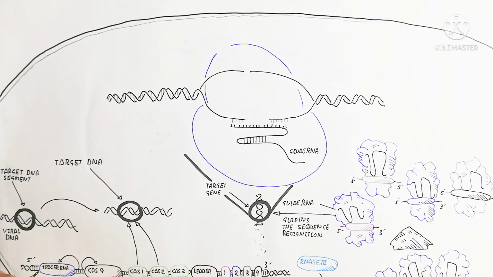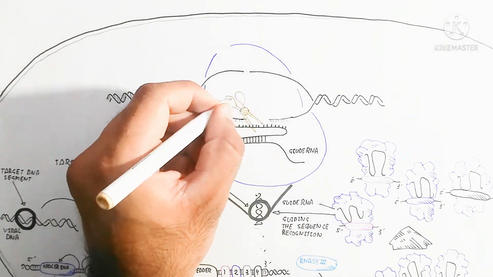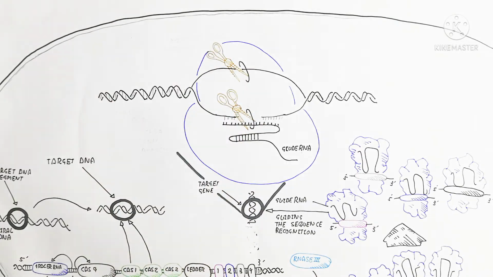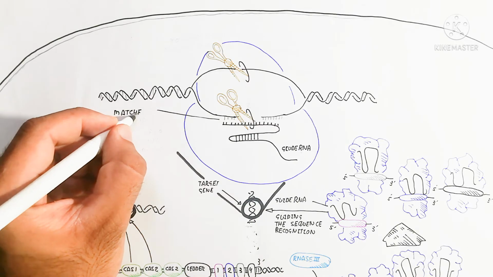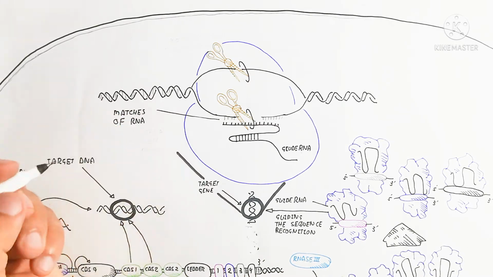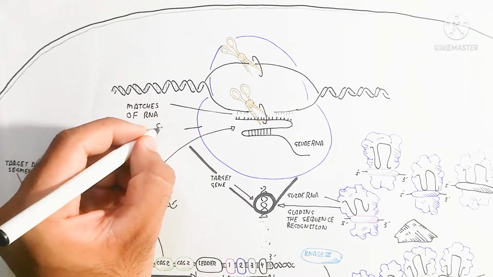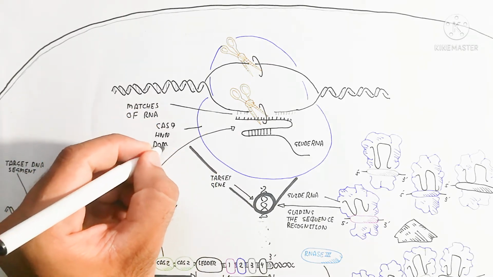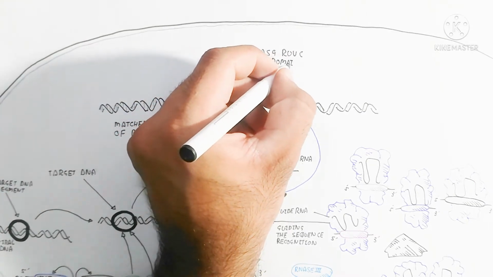So here is the viral DNA. Remember, this viral DNA is attached with the Cas9 HNH domain, as well as the smaller Cas9 RuvC domain. So here is the guide RNA, which guides the cutting of the DNA at the recognition site.